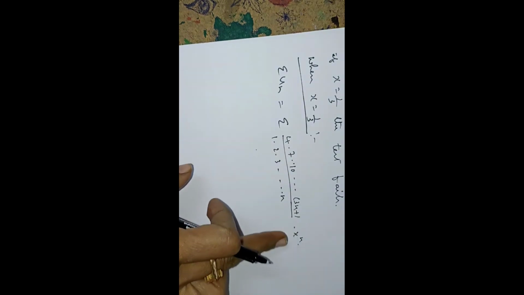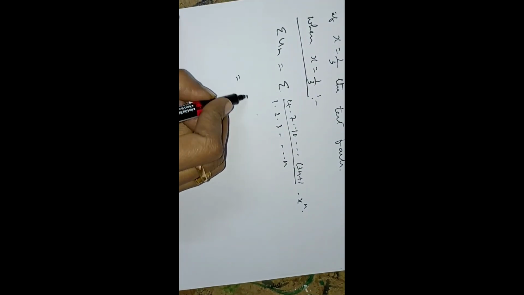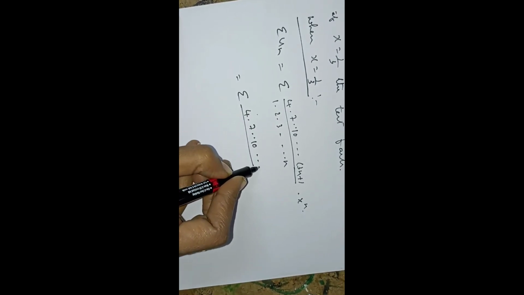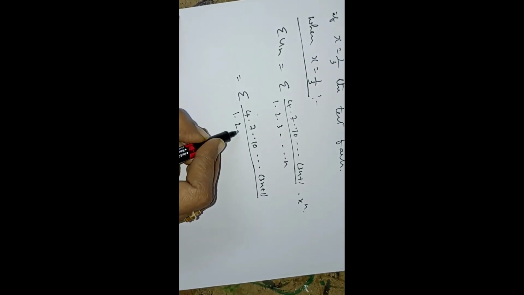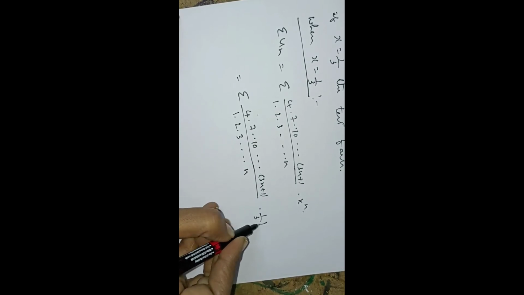Given sigma un I wrote, I will substitute x is equal to 1 by 3, x is equal to 1 by 3 whole to the power of n.